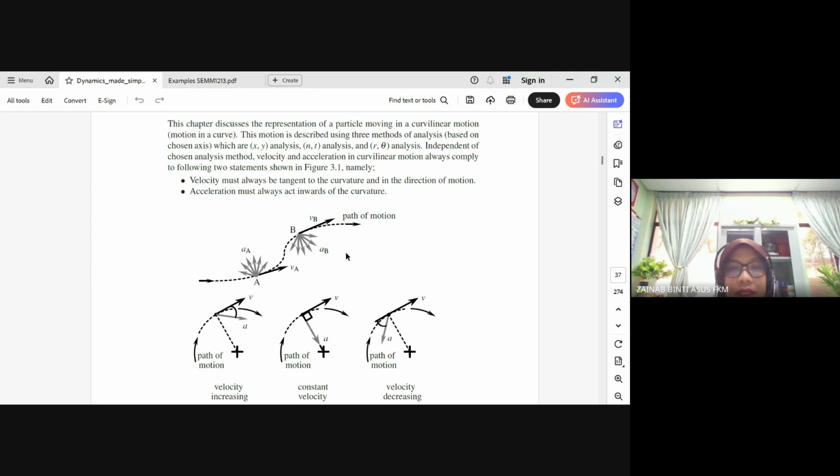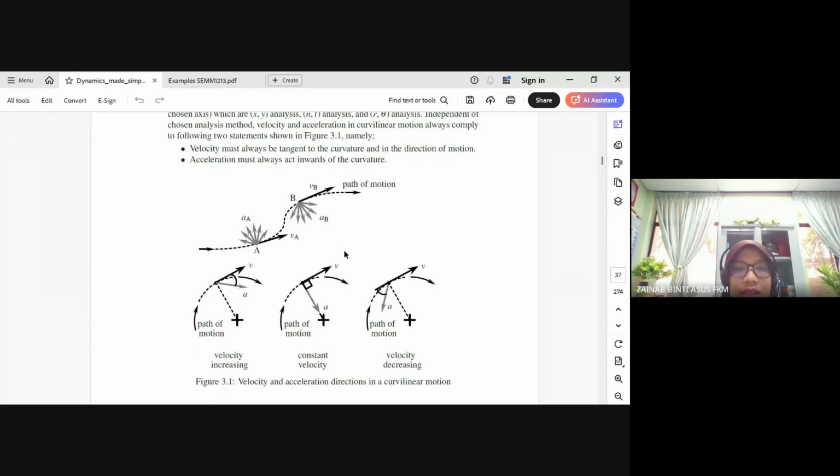So let's say there are three cases about the acceleration and the velocity. For the first one, you have the path of motion like that, and for the V, it will always be tangent to the curve.